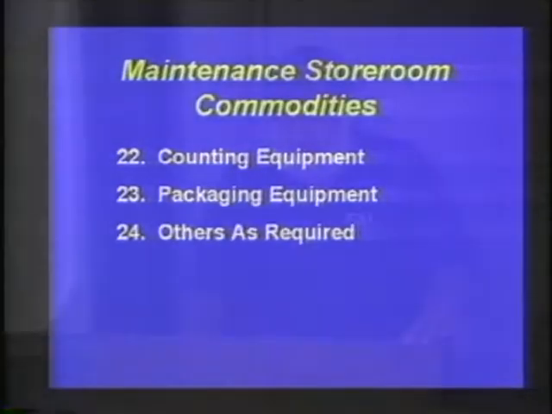I think you'll see that on page 19, we're providing you with a very detailed outline of every major commodity that may be housed in the maintenance storeroom. And this hopefully will help you in your layout or maybe your relayout of the maintenance storeroom.